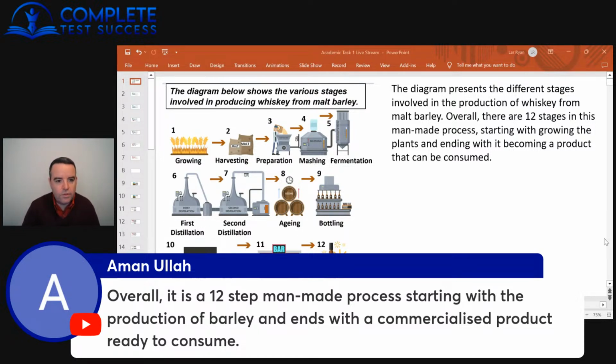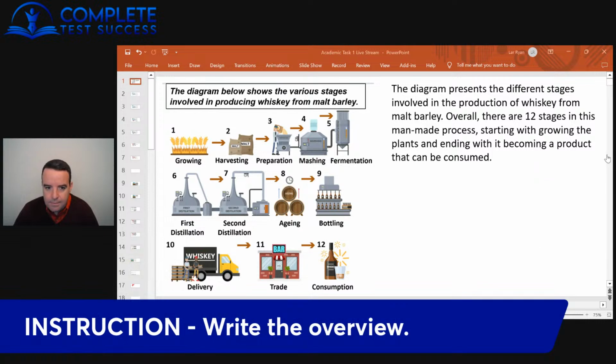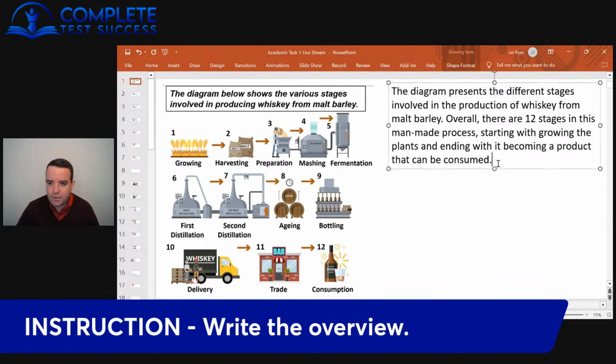The main thing we're talking about is little vocab and grammar mistakes. So clearly you know how to write an overview. Okay, so in the process, we need to write 2 body paragraphs. And basically body paragraph 1 is about the first, it doesn't have to be exactly half, but roughly describe the first half.